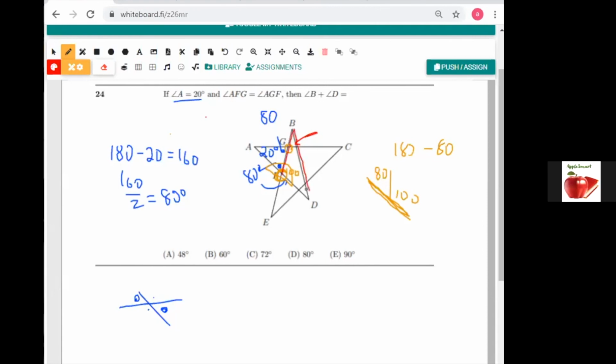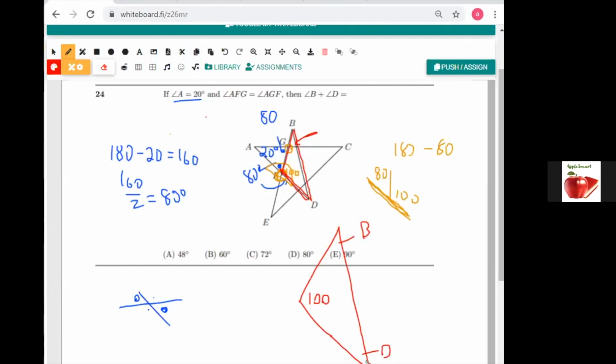Looking at this triangle, I'm going to draw that triangle out here badly, but I'm going to do my best. Pretend that that's it. This one we know was 100 degrees. And this one is B, and this one is D. Let's read the question again, because I don't think I can find B or D. What does the question say?